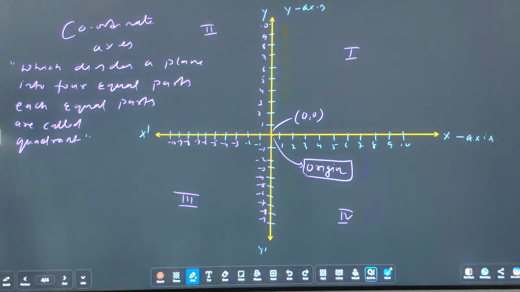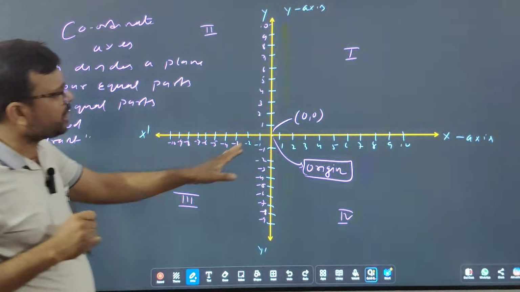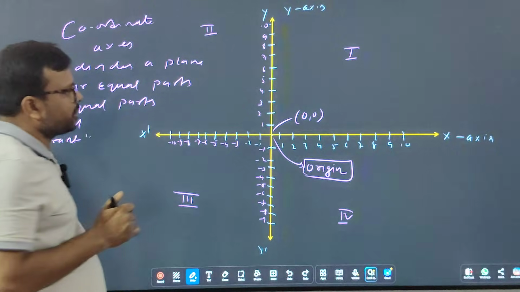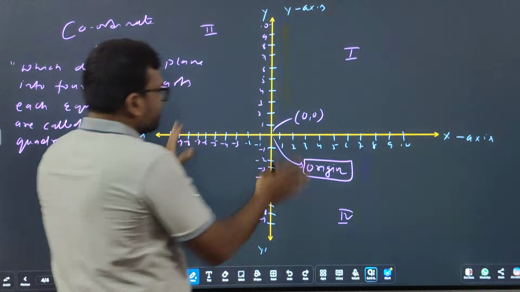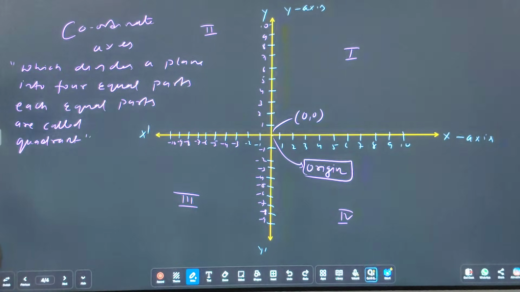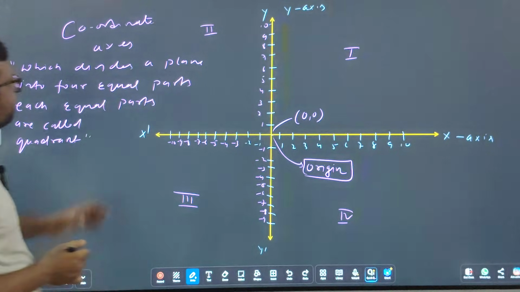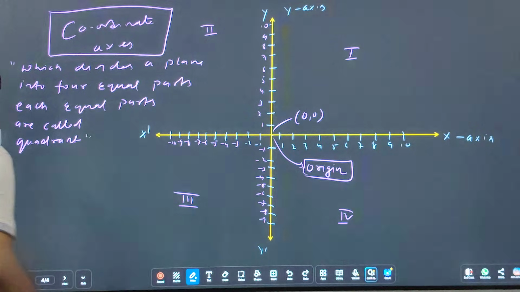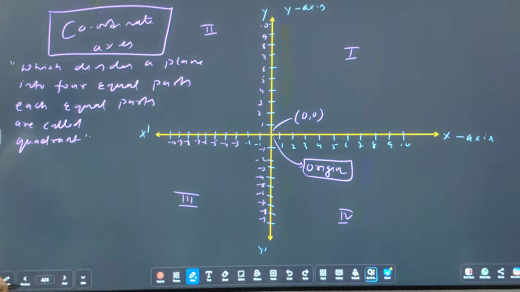So this is completely called the coordinate axis.